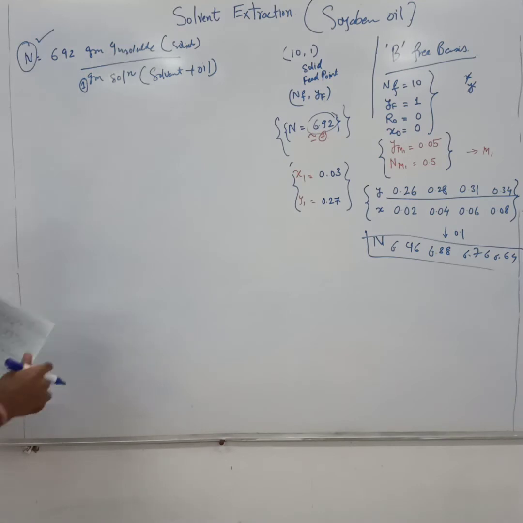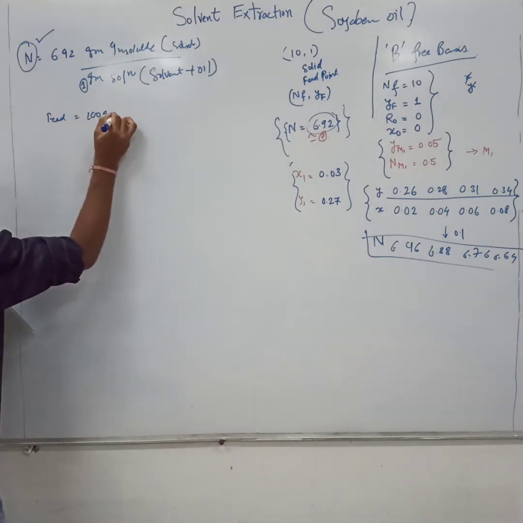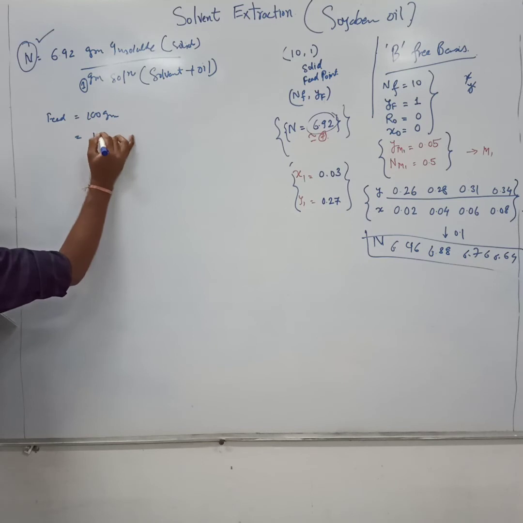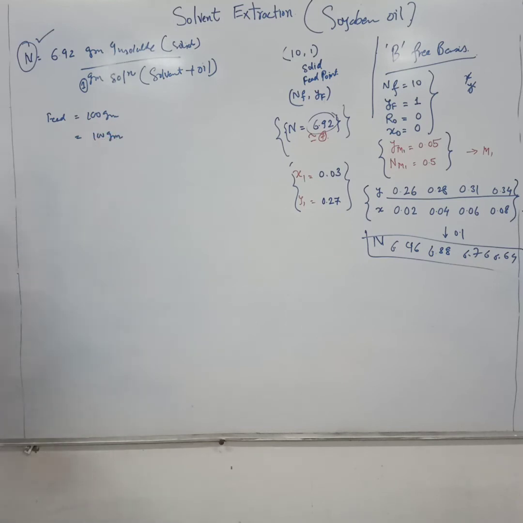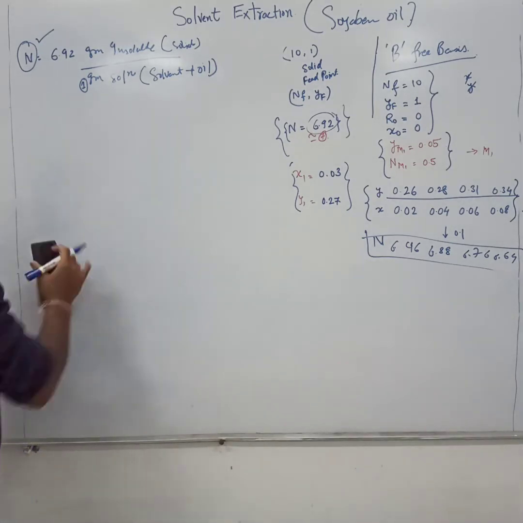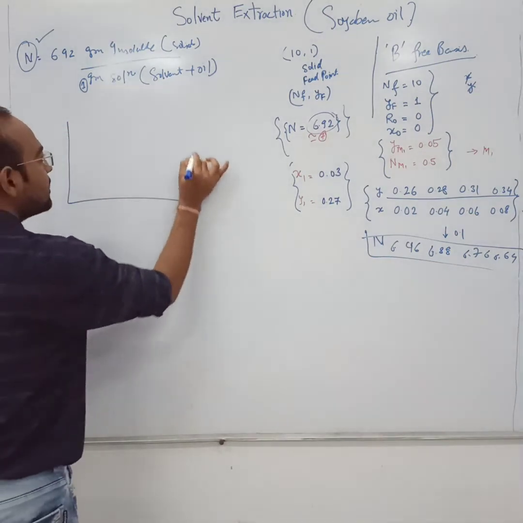Then the next thing, our insoluble feed is 100 grams. For the underflowing feeds, I forgot to explain the concept of underflow and overflow. Let's have a very basic look. Just consider this is your vessel.